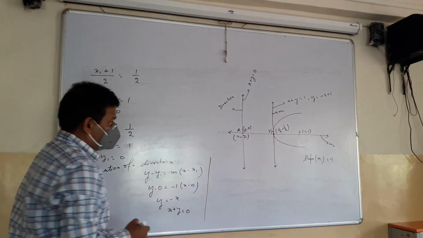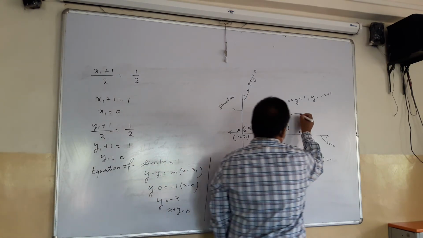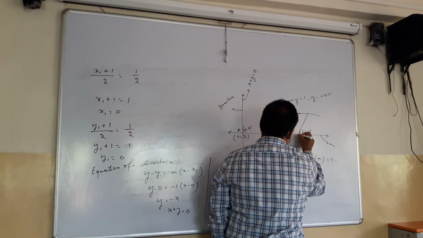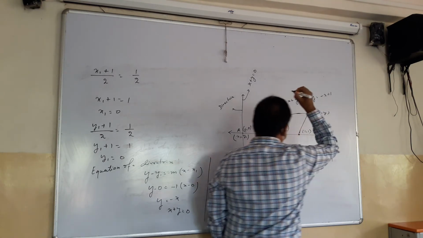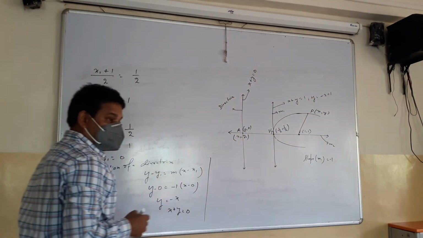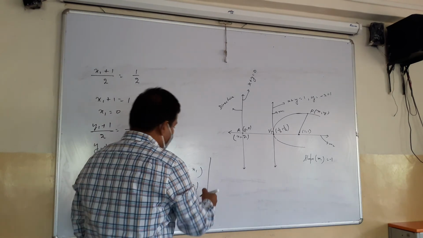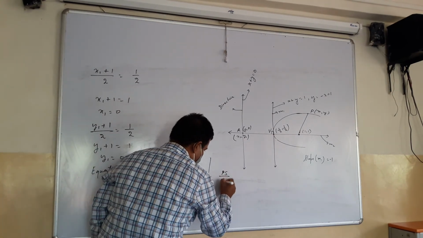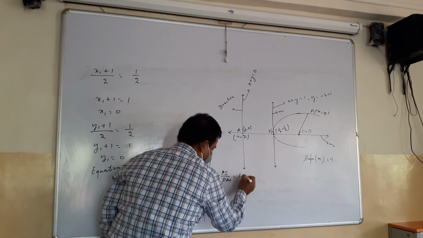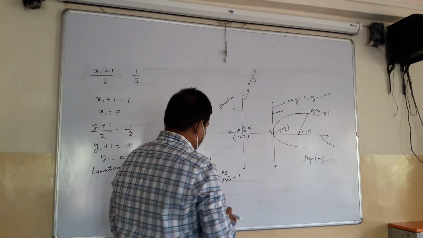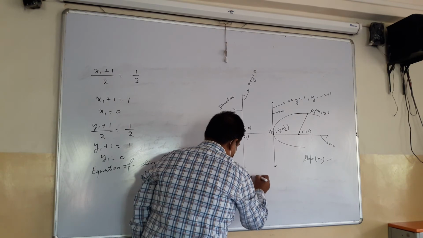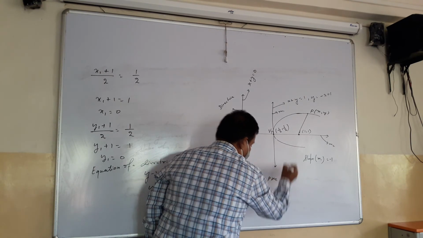Now PS over PM, suppose S is the focus and P is any point x, y. So PS over PM is equal to 1, because the eccentricity of a parabola is 1. So PS is equal to PM.